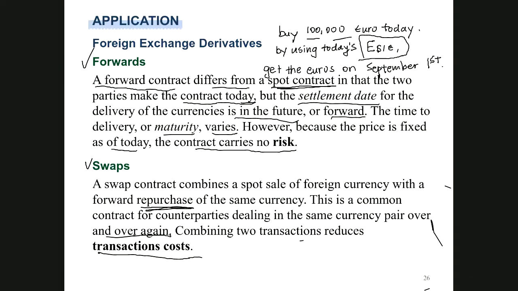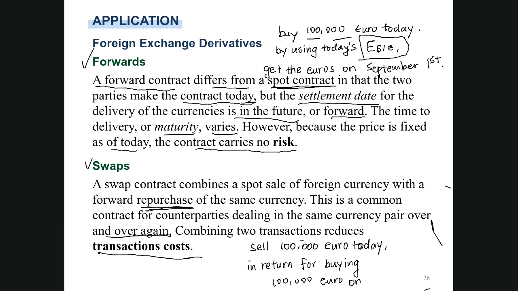If you sell 100,000 euro today, in return for buying another 100,000 euro on September 1st, this is a simple example of the swap contract.